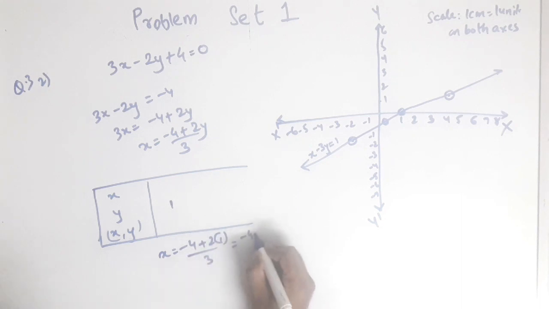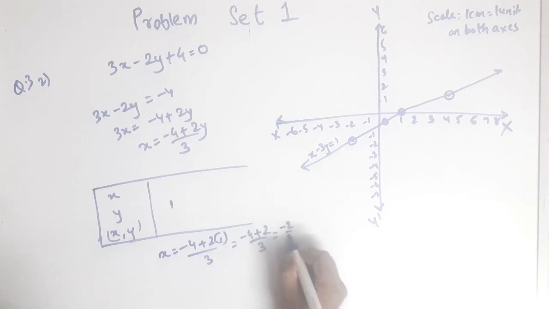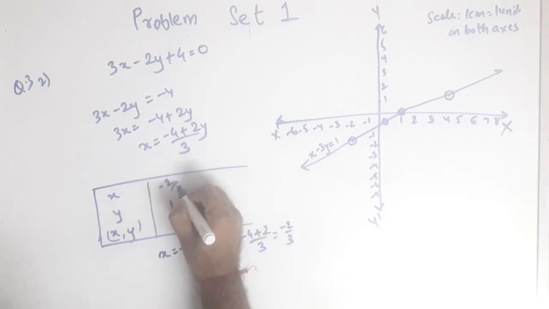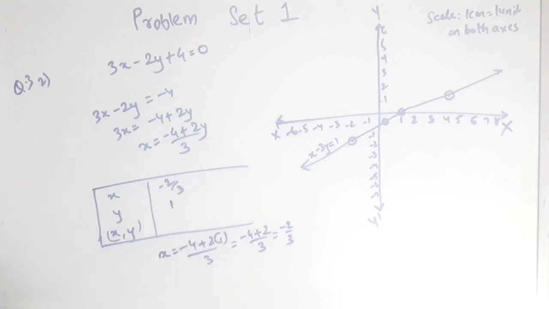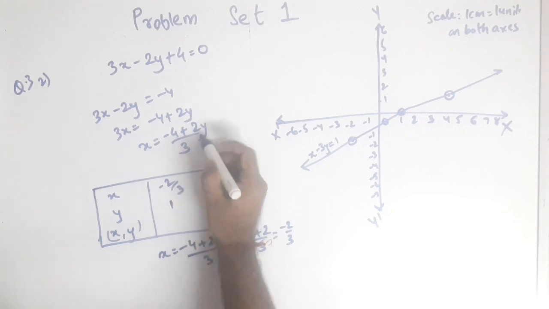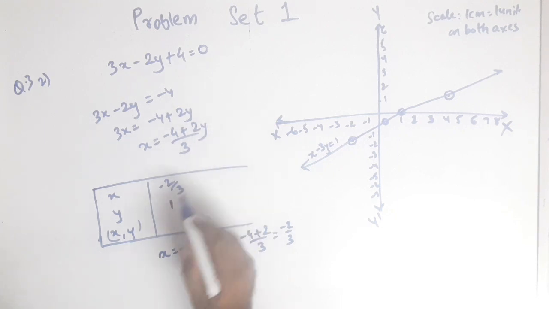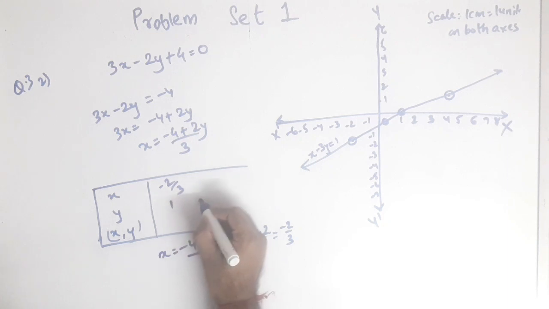So what will it become? It will be -4 plus 2 is -2 by 3. Okay, let us take 2.